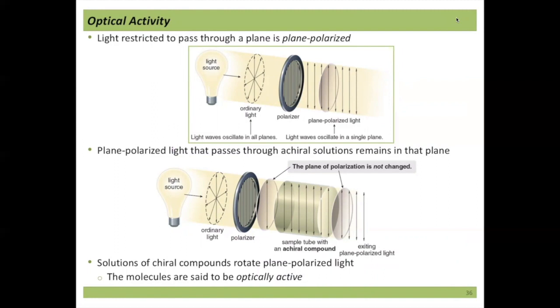So if you have a sample of something in solution, you can pass this plane polarized light through. Now, if the compound is not what we refer to as optically active, and there's a couple ways to be non-optically active, that's either you're not a chiral molecule or you have equal mixtures of a chiral molecule, known as a racemic mixture, then when the light exits, it is passing in the same direction.